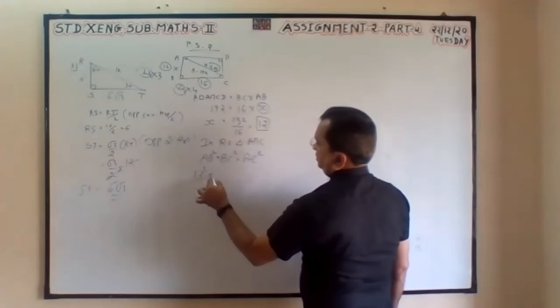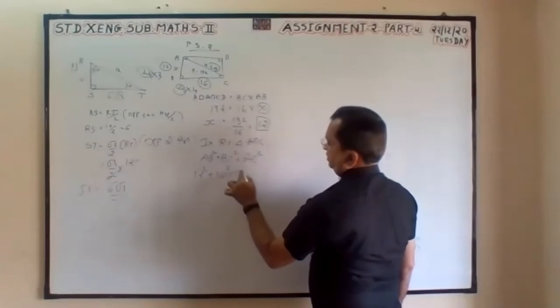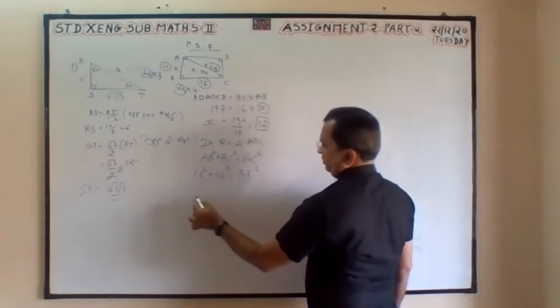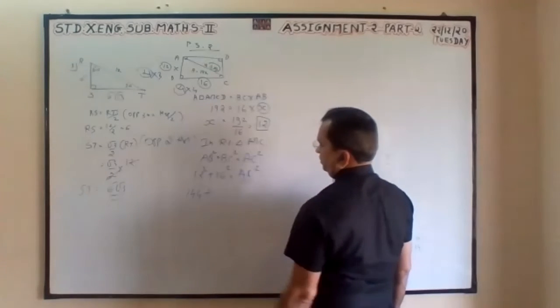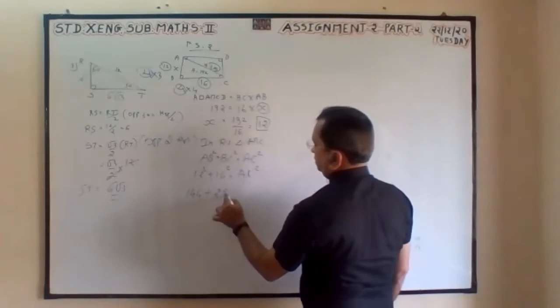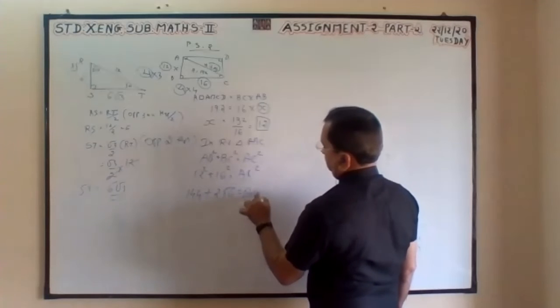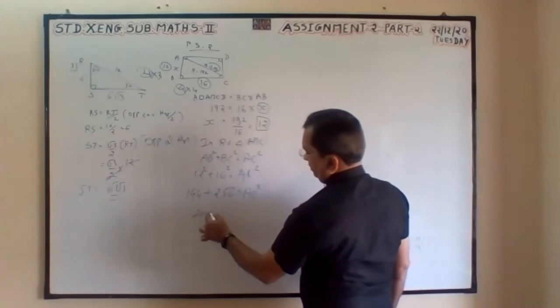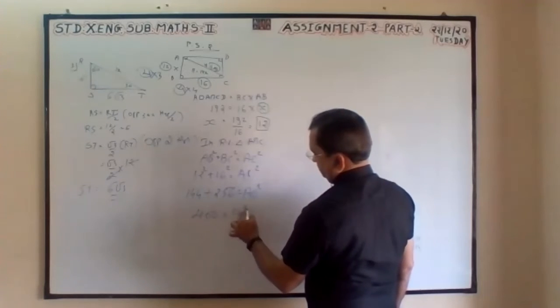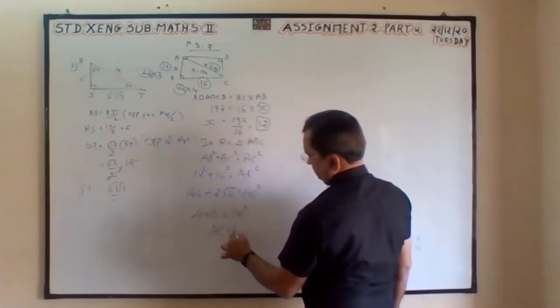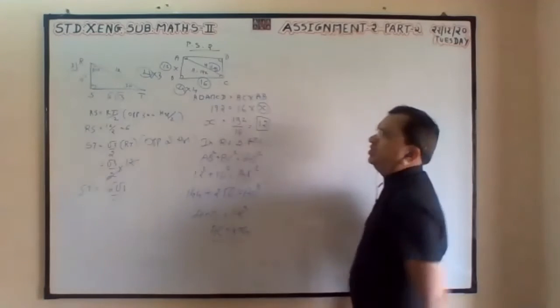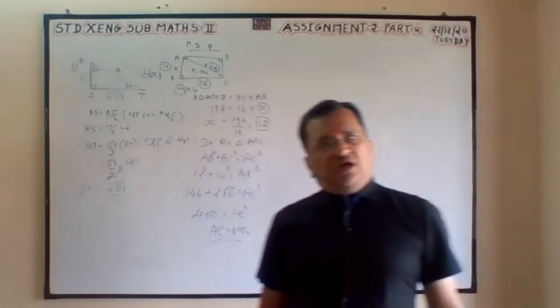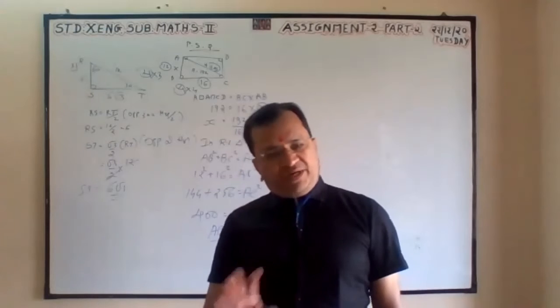So 12 square plus 16 square is AC square. 144, 256, 400. So height also we got, hypotenuse also we got.